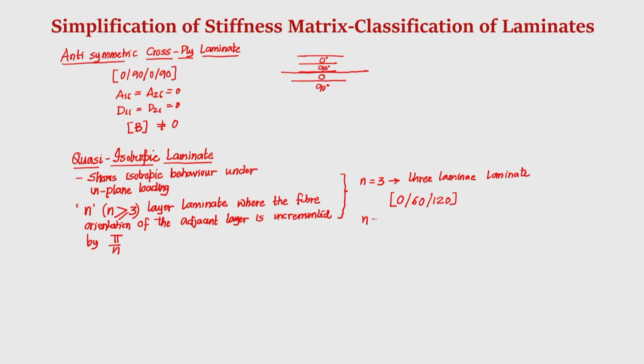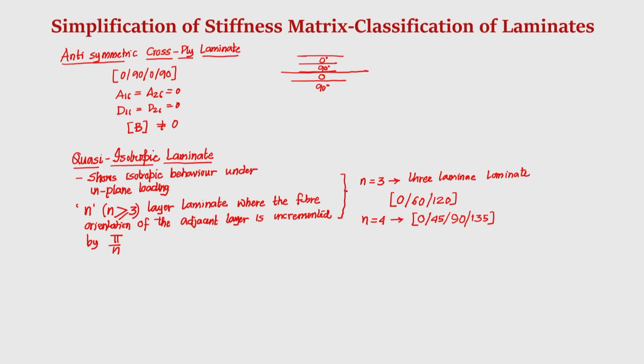Suppose it is a 4 layer laminate, n is equal to 4, then tell me what will be the angles if we start with 0. First is 0, then pi by 4, that means 45 degree, increment the next by 45 degree, that means 90 degree, increment the fourth layer again by 45 degree, that means 135 degree. So, these are quasi-isotropic laminates.